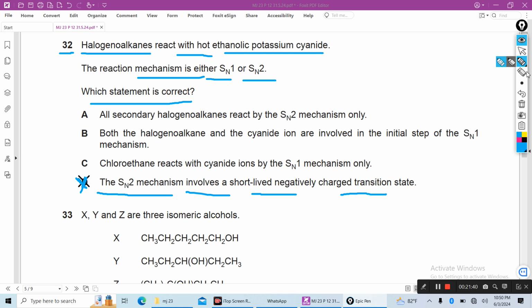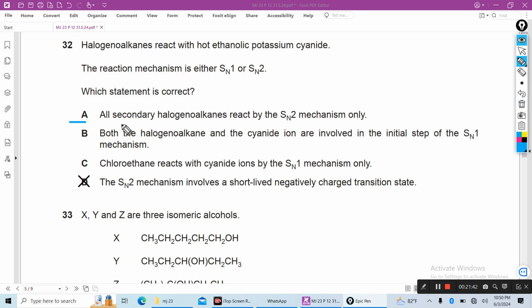But A is wrong. Why? All secondary haloalkanes react by an SN2 mechanism only. No, all secondary and primary. So this is wrong. B is wrong. Why? Both halogenoalkane and the cyanide ion are involved in the initial step of the SN1 mechanism.